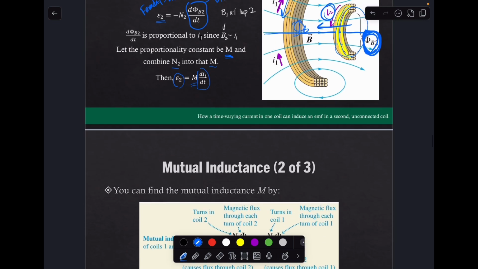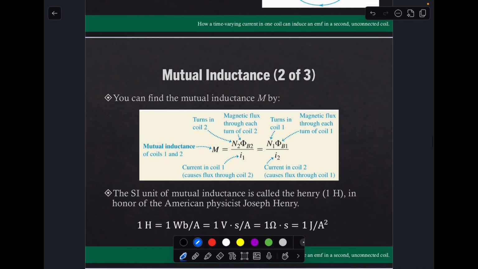So this mutual inductance, there's some other cute algebraic things you can do to isolate M. And when you do that, we can figure out what the mutual inductance is by just knowing the number of turns in coil 2, the flux change through coil 2, and the current through coil 1.